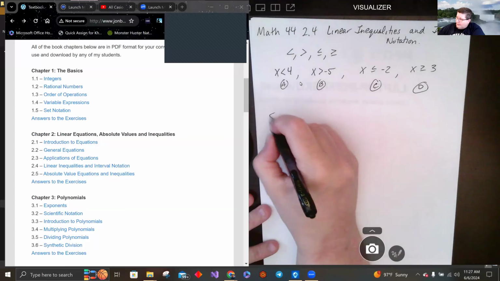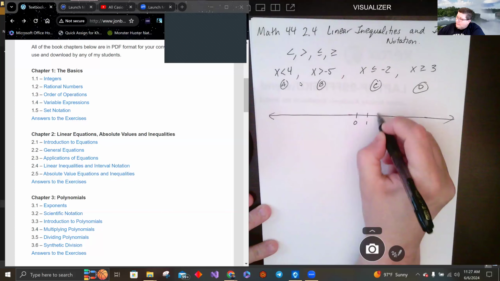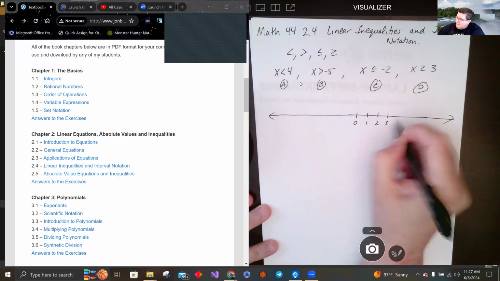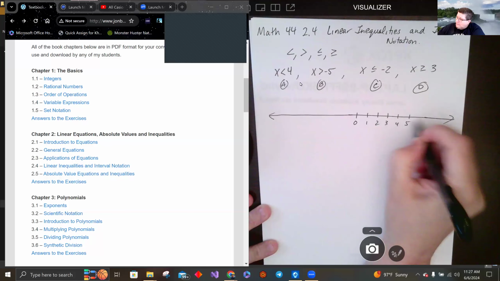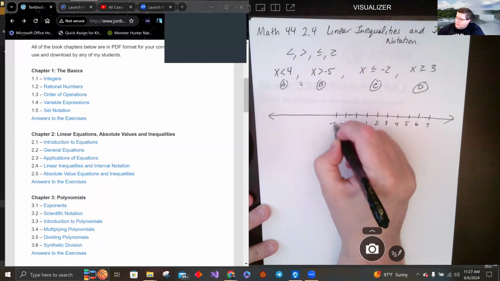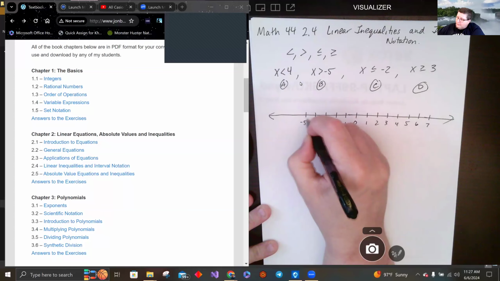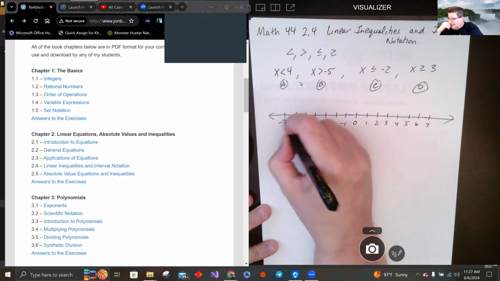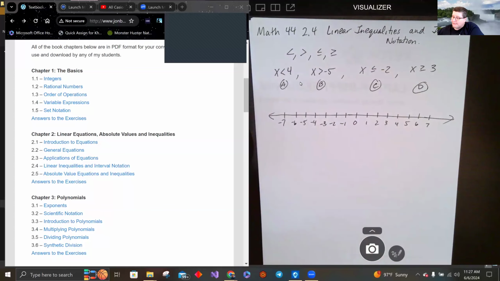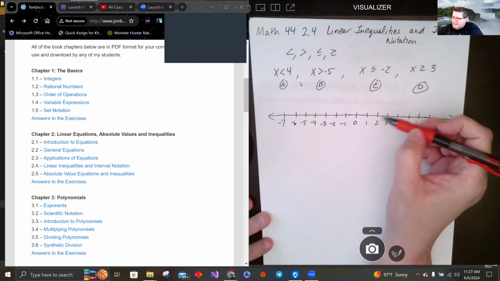So if I have a number line, and I'm just writing out -7 to 7 on the number line. X is less than 4 means like 3 is less than 4. 0 is less than 4.